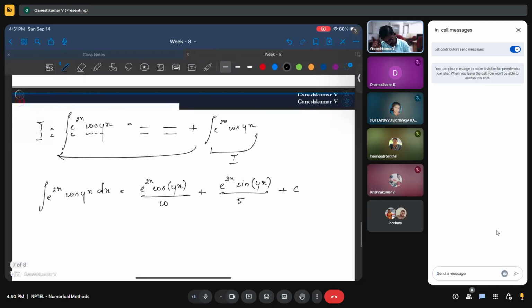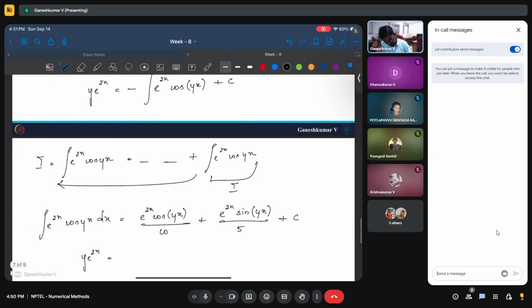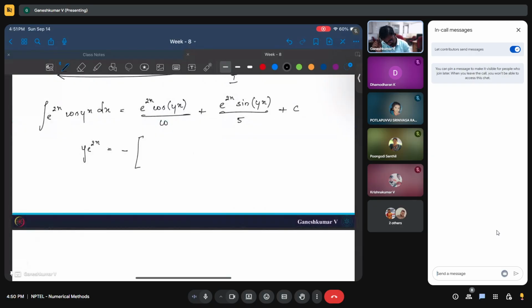So now let's substitute it here. y e power 2x is equal to minus the integral we know, e power 2x cos 4x by 10 plus e power 2x sine 4x by 5, plus c.